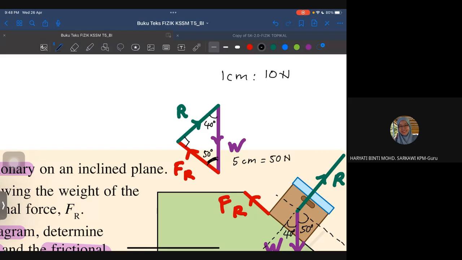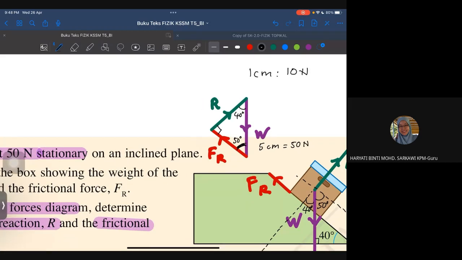So you draw your W 90 degrees downward. This is 5 cm, which equals 50 Newton. Then you measure the angle. Here 40 degrees, here 50 degrees.